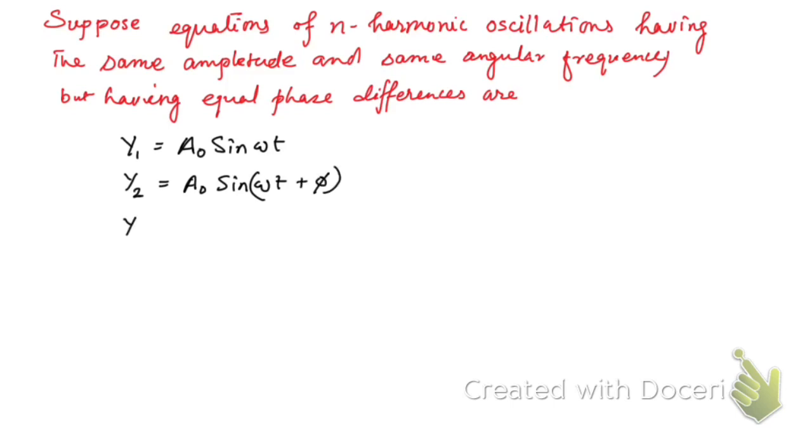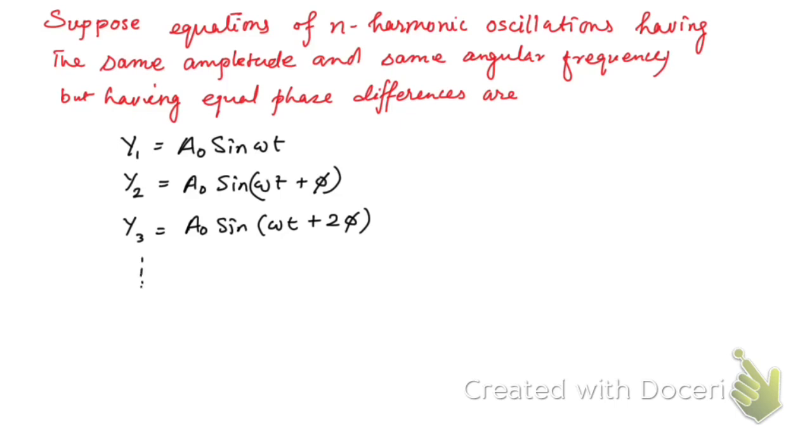Then y3 is a naught sin, and this one differs by phi again, so it is 2 phi. That means the phase difference between any two consecutive harmonic oscillations is phi. We have considered it that way.